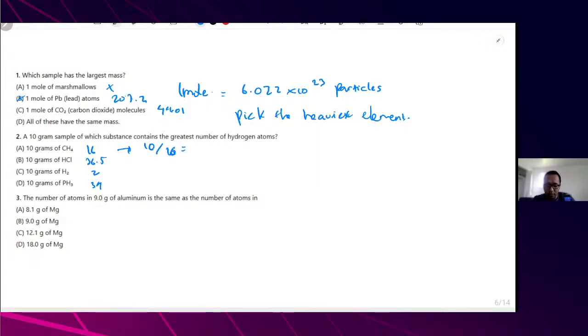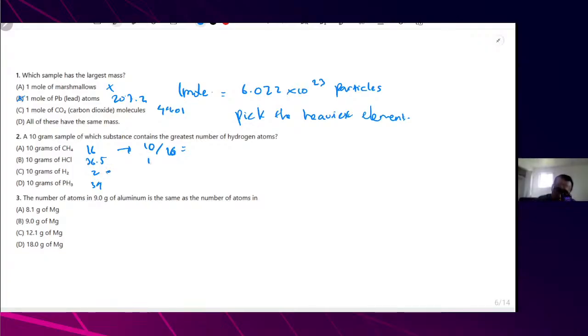Since the gram is the same, we need to compare which one has more hydrogen and which one is the lighter one. The lighter one is this one.